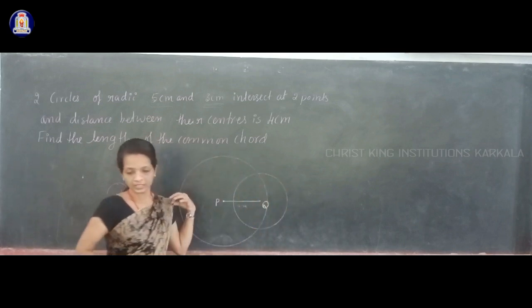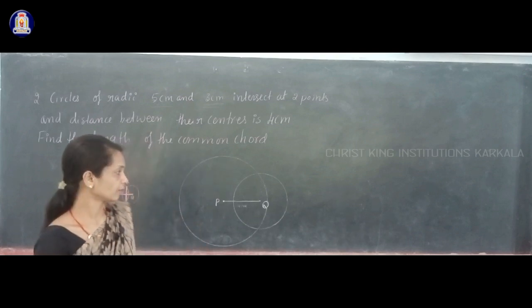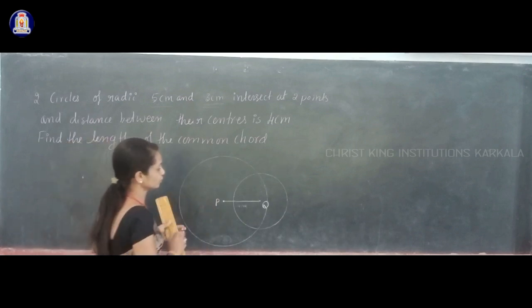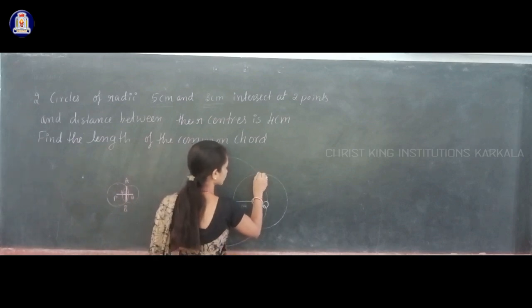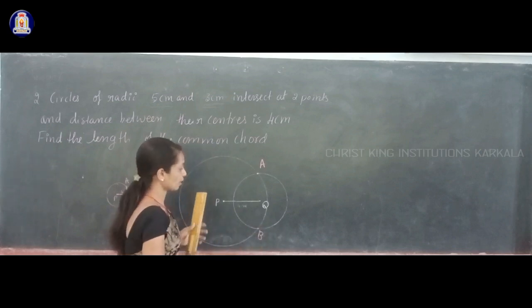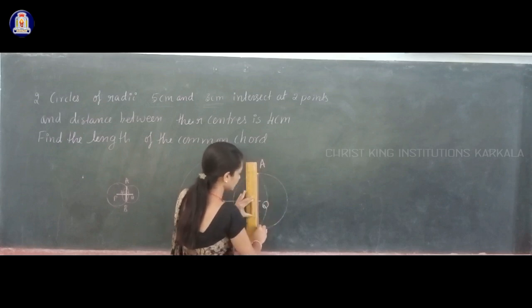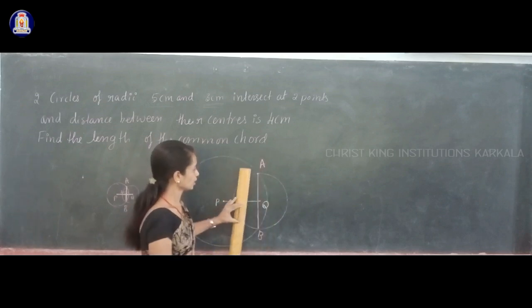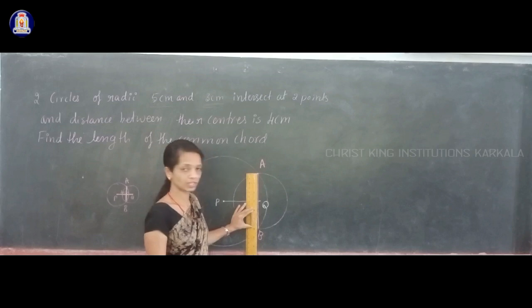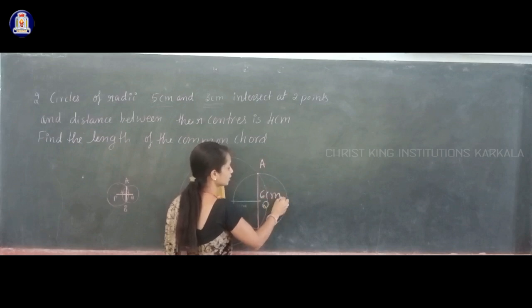Now you can see these two circles intersecting at 2 points. We name those 2 points A and B. I'll take this point of intersection as A and this point of intersection of the two circles as B. Now you join A and B. What is AB? That is the common chord. Now just measure the length of this chord, 1, 2, 3, 4, 5, 6, and it measures 6 centimeter.